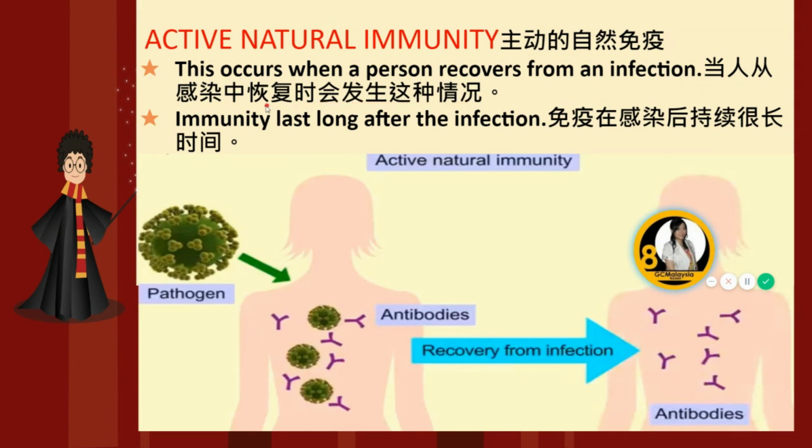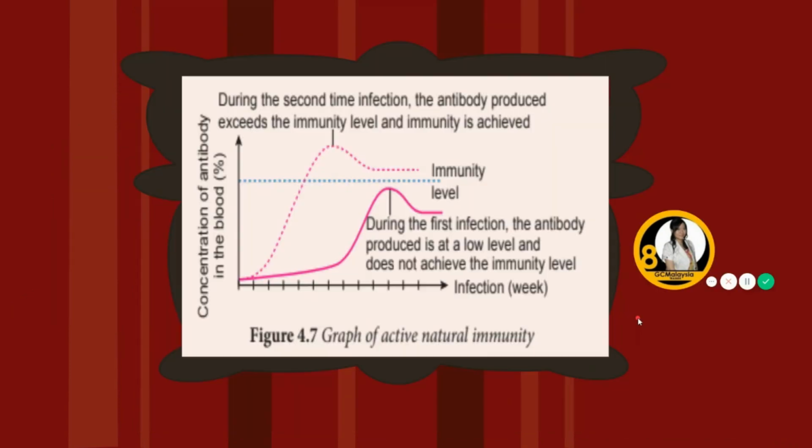Immunity lasts long after the infection. Okay, after a person has been sick, he will get this immunity, and it is very long lasting. This is the graph of active natural immunity.